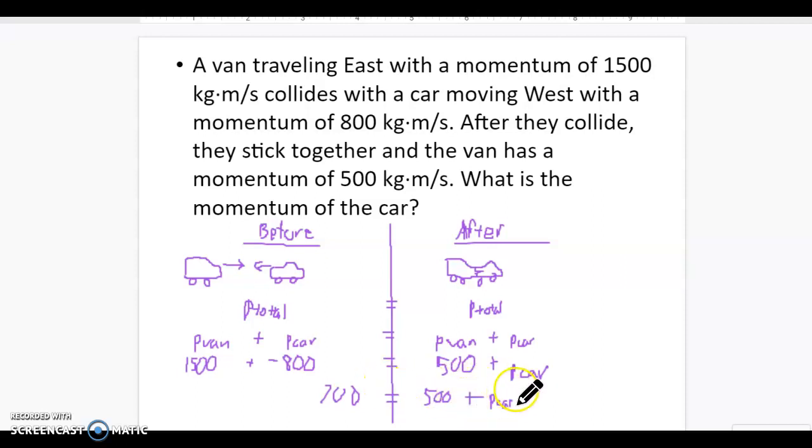And now when we solve this one out, to get the momentum of the car, I have to undo things on this side to get it by itself. That means I have to subtract 500 from both sides.